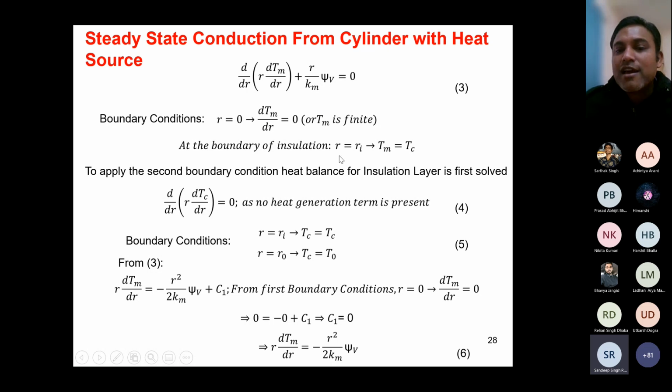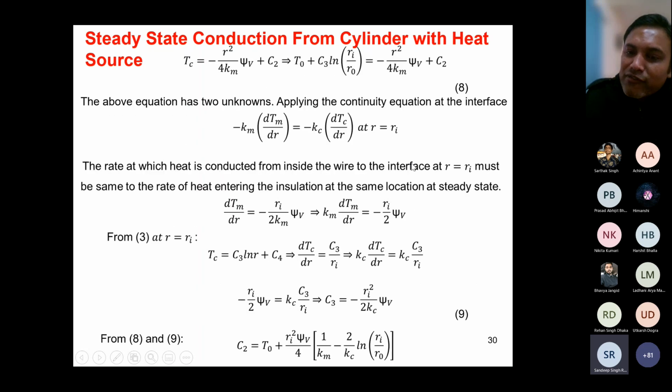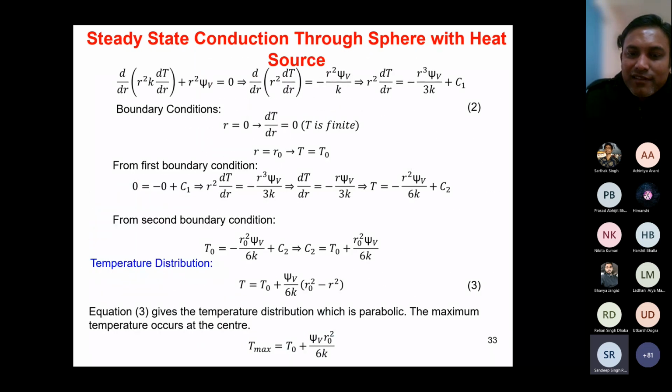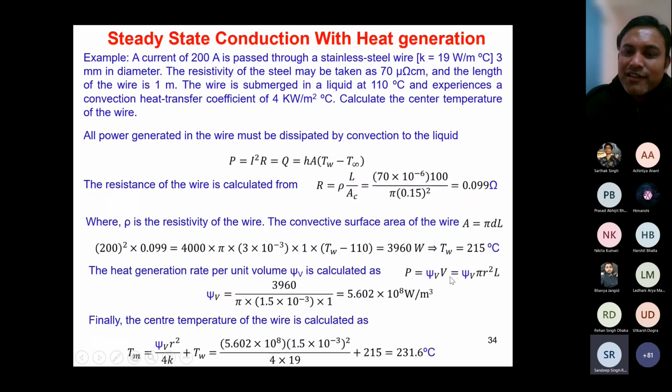But instead of insulation, at r equals to r naught, my Tm is going to be T naught. And T naught in this case is going to be 215, that is what we have calculated from this equation. 215 degrees Celsius is going to be T naught.